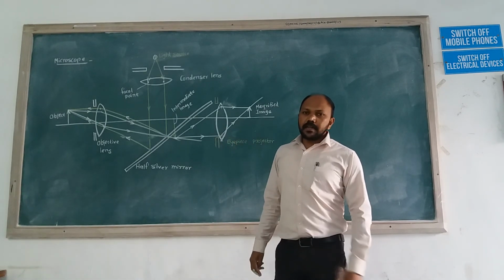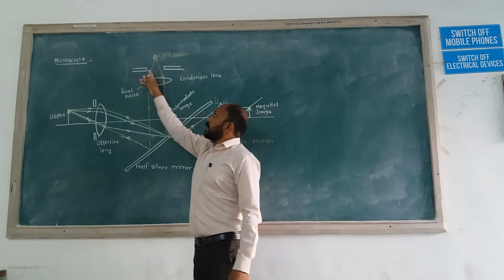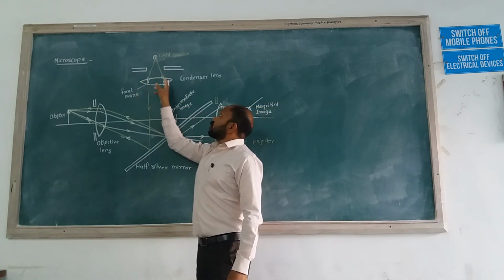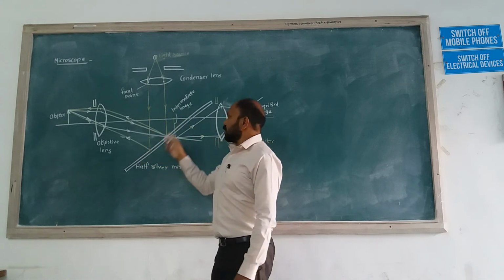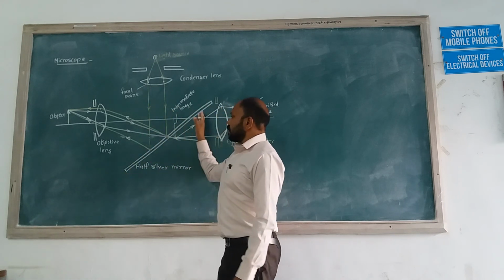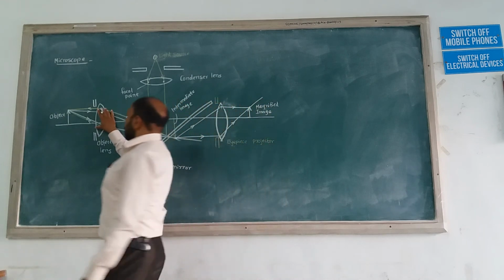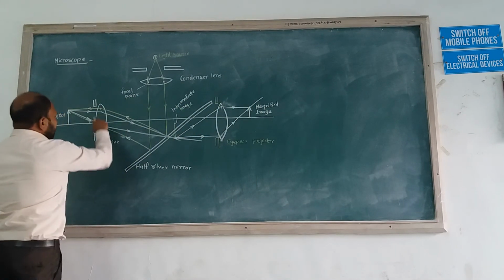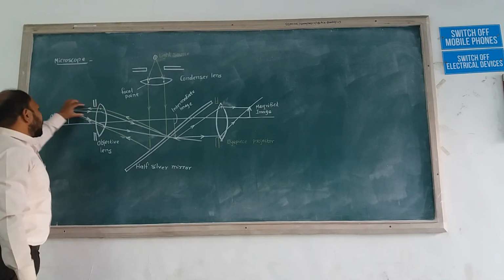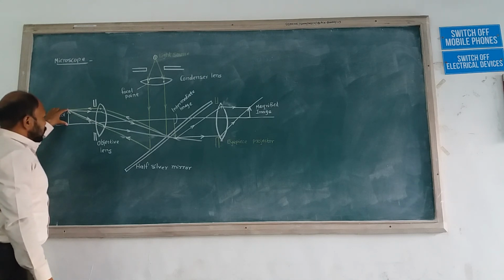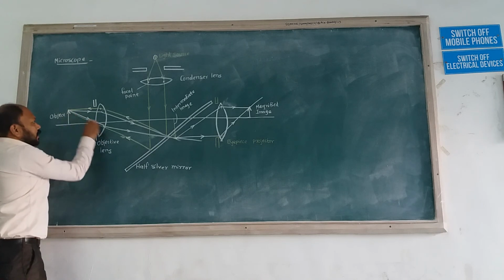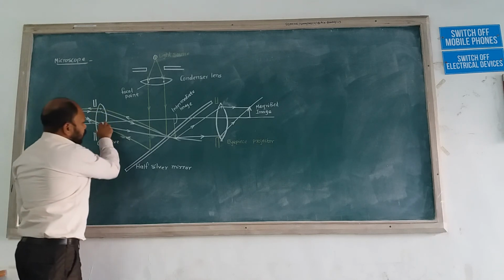I want to revise this again. From the light source, light gets diverted, passes through this condenser lens, and comes in a parallel direction onto this half silver mirror, then is reflected and comes here in a parallel direction, passes through this objective lens, and gets converged towards the object. From that object, light is again reflected and passes through this objective lens.